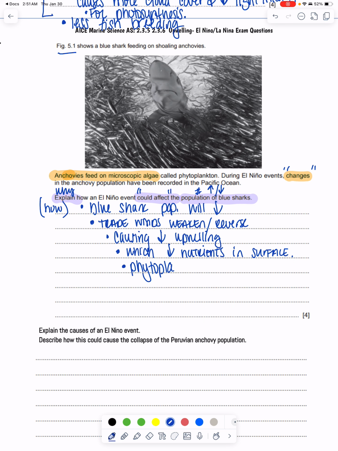The phytoplankton population will decrease, which will cause a decrease in anchovy population.